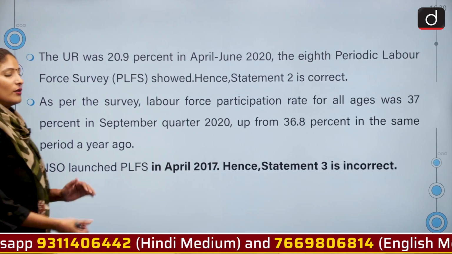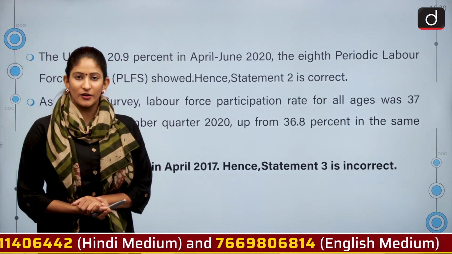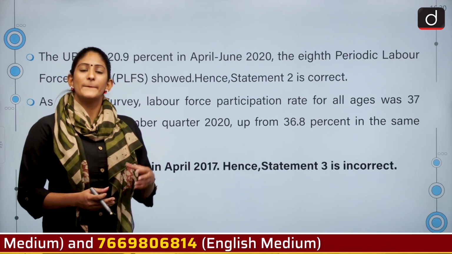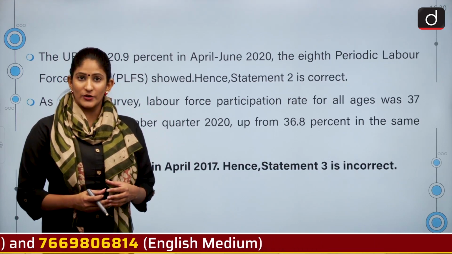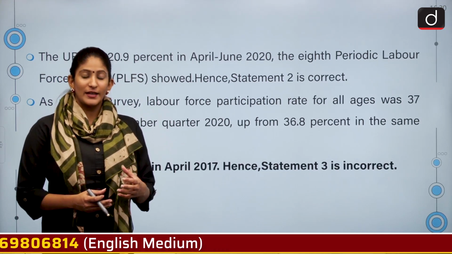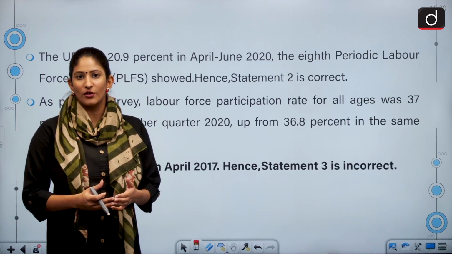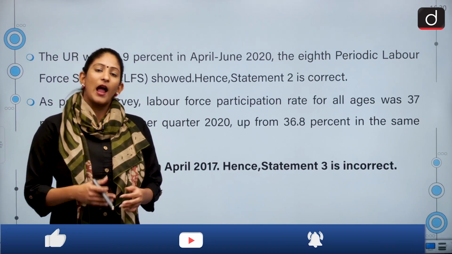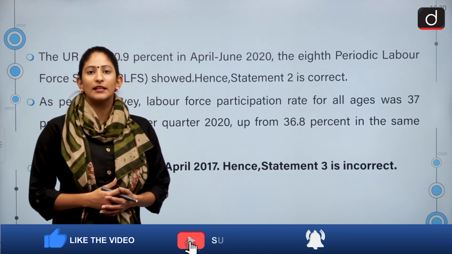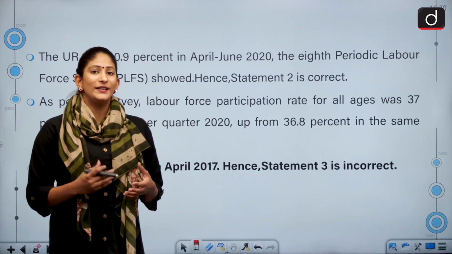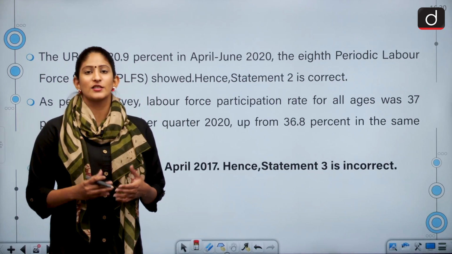So labor force participation rate is actually the part of the population that is in the employable age, and they are looking for opportunities of employment. After the COVID-19 induced lockdown, many labor intensive and contact based sectors were closed down.